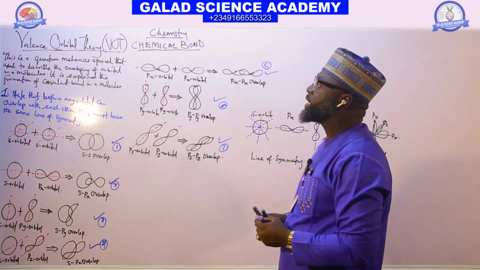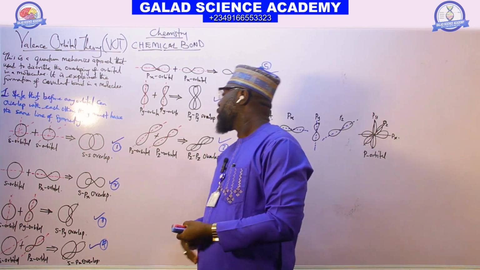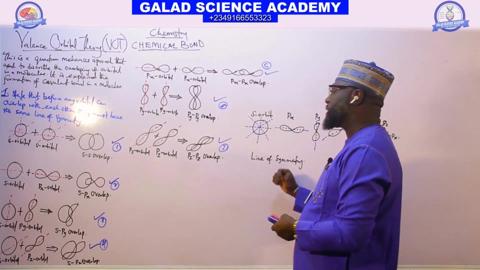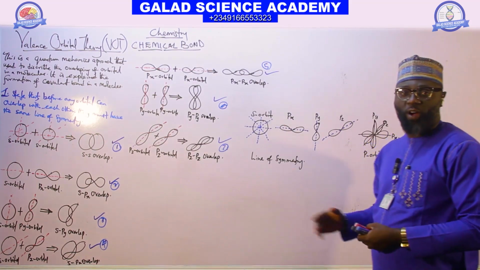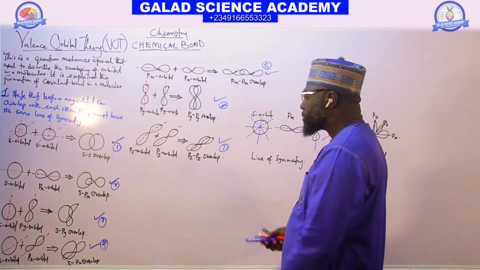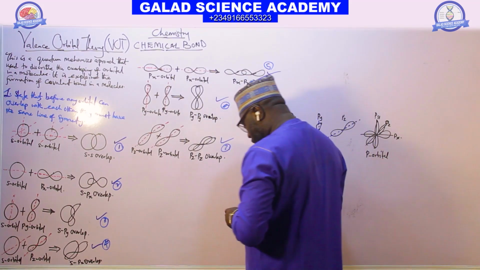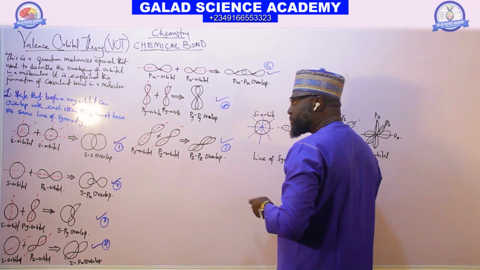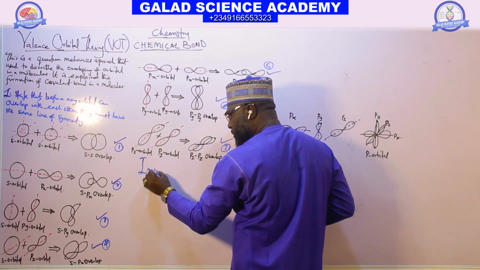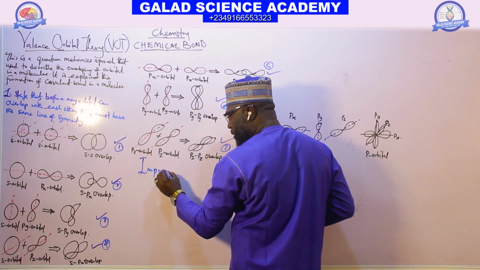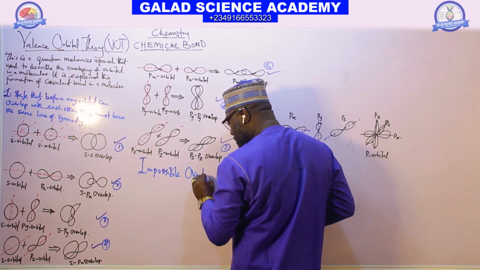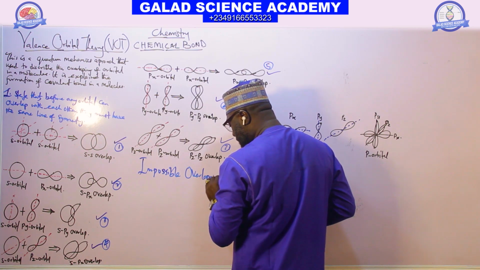According to the valence orbital theory, we have 7 possible ways in which the orbitals can overlap. But we have impossible overlapping.